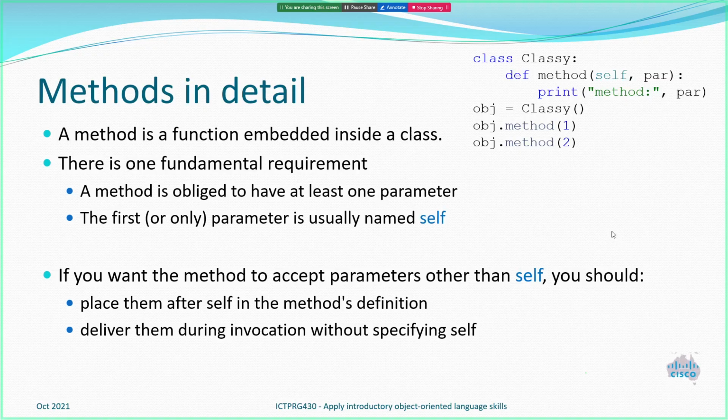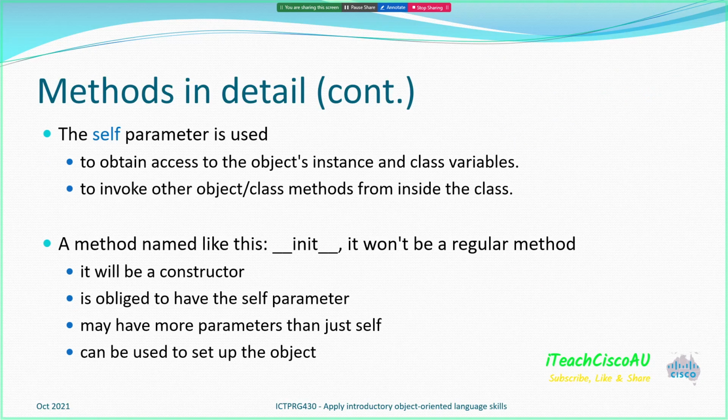But we need to realize that the self parameter is used so that the object's instance can access the class variables, and we can invoke these objects and class methods inside the class. The only way of doing this is to follow the naming convention like we do with the init value.